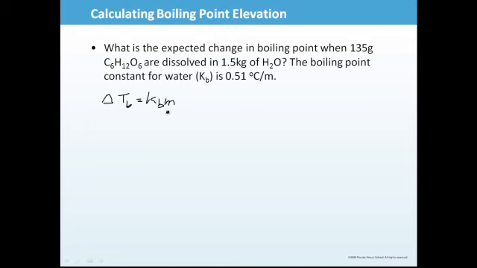We need to figure out the molality. Now the kilograms of solvent we are given up here, 1.5. So that part we already have. So we need to take our 135 grams and convert that to moles. And again, our solute here is C6H12O6.